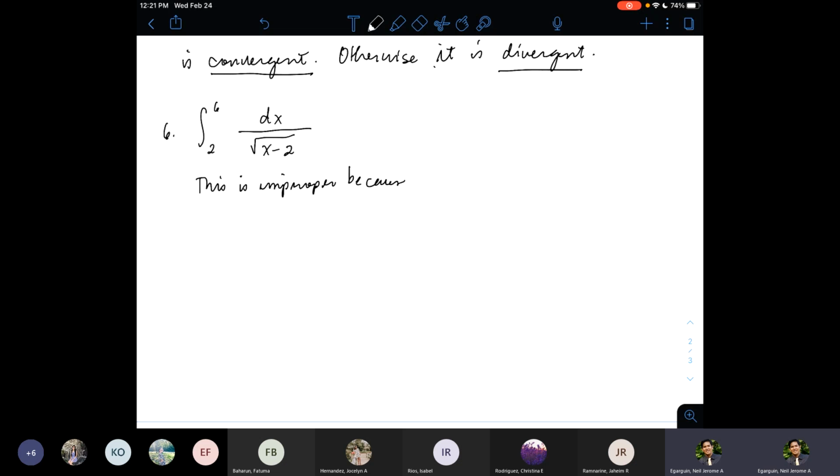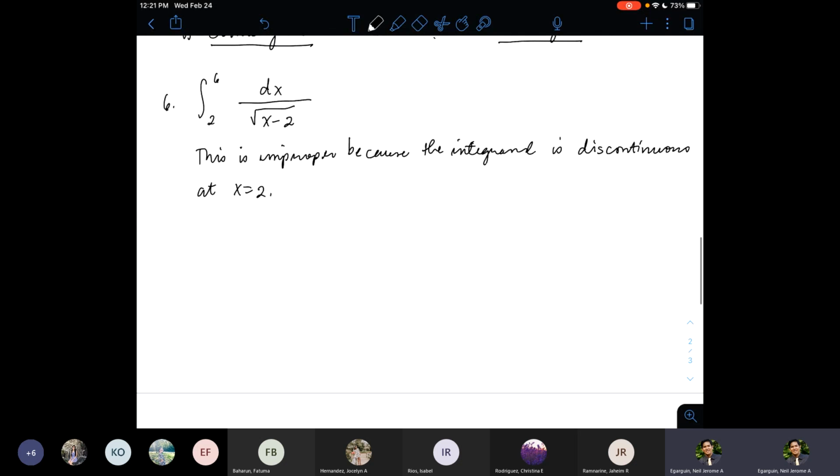Because the integrand is discontinuous at x equals 2, and x equals 2 is part of the integration interval, right?